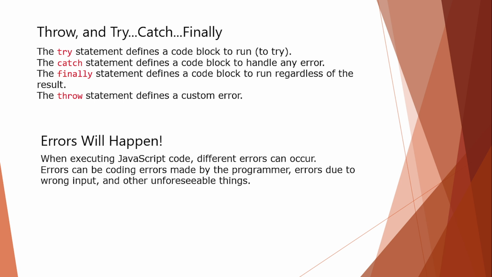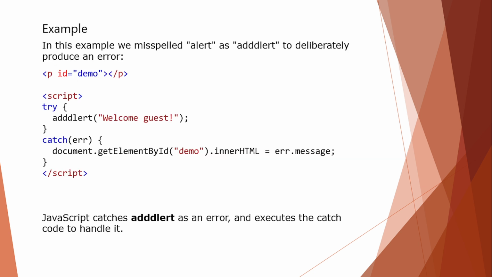Errors will happen when executing JavaScript code. Different errors can occur. Errors can be coding errors made by programmers, errors due to wrong input, and other unforeseeable things.